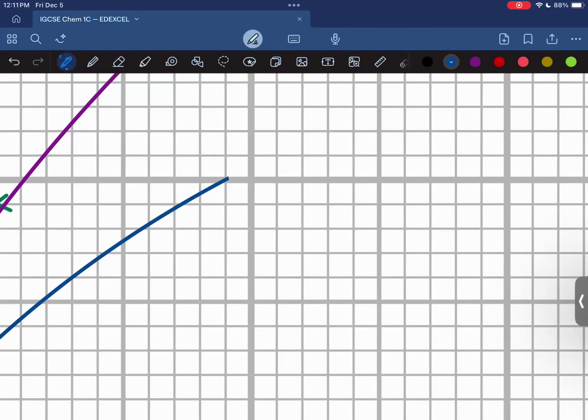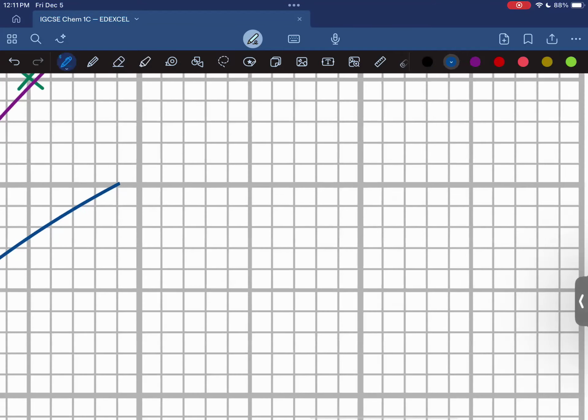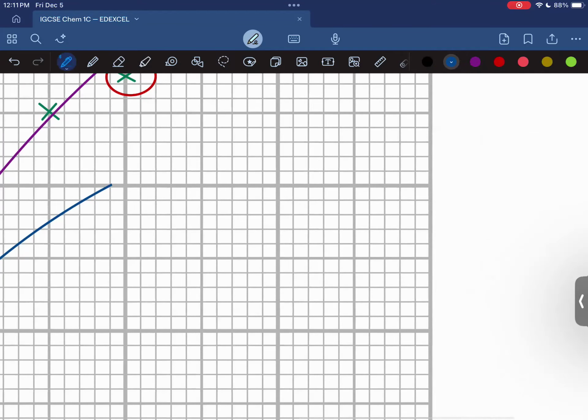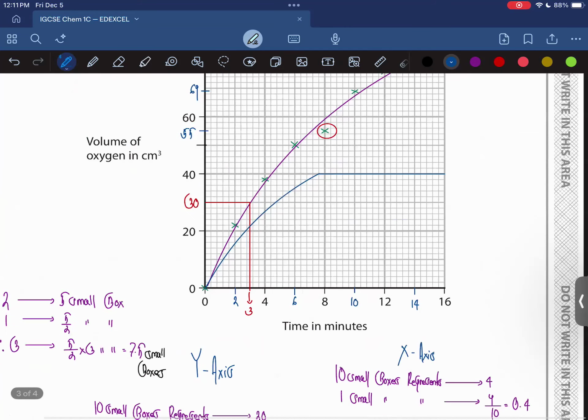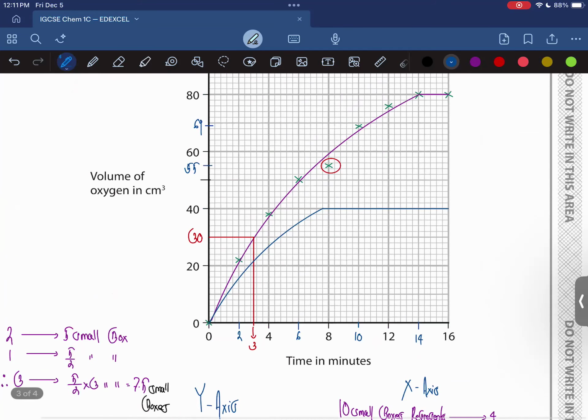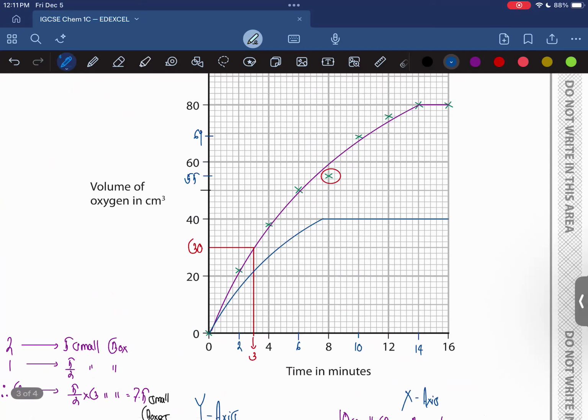Yeah, it should level off at this volume. Right, now the graph should be smooth, but since I'm drawing it digitally, it isn't that smooth. Okay. So yeah.